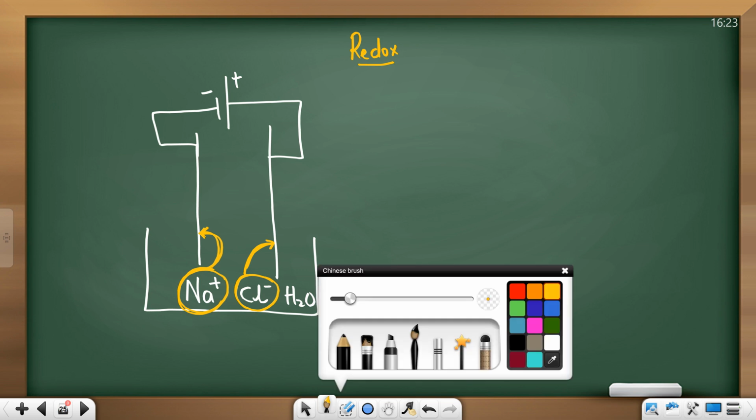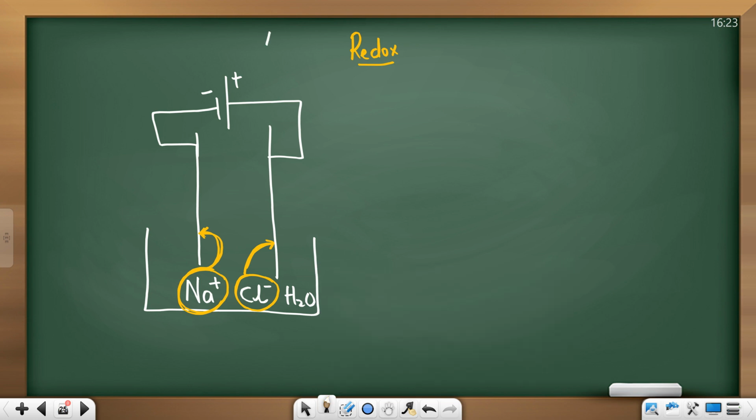Now, what happens at the anode? Don't forget APE. Anode is positive. That's my anode. And this is my cathode. And remember, we are using carbon as our electrodes. So what happens at the anode? Oxidation. Let's go to our table. Remember what we have here.